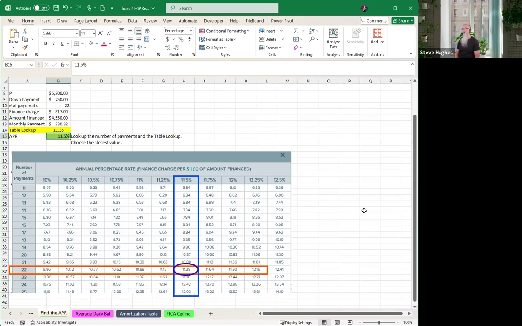The 11.39 is just my locator, to locate the intersection of the column and the row. Once I've done that, I see I have an APR of 11.5%, and that I have entered in my green cell here, and that concludes it, everybody.